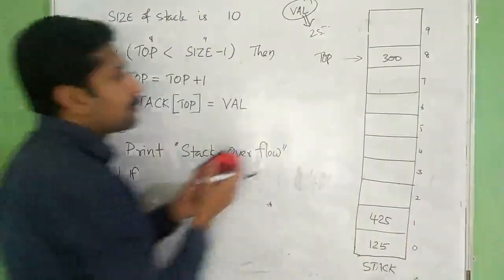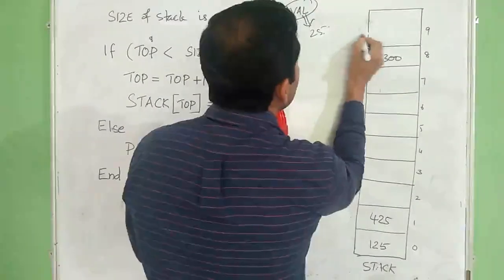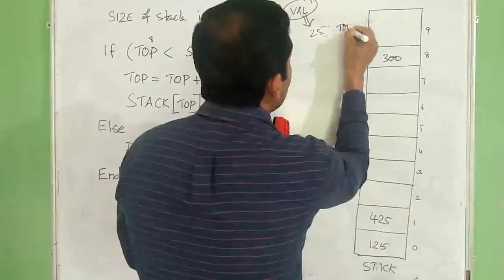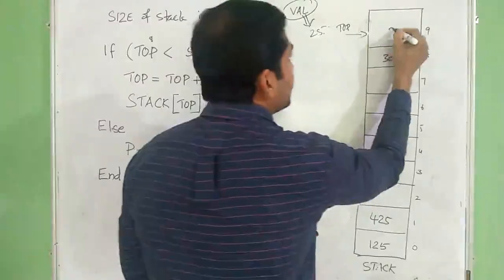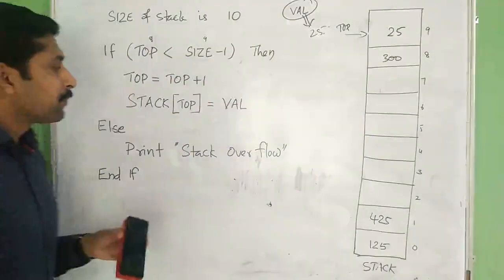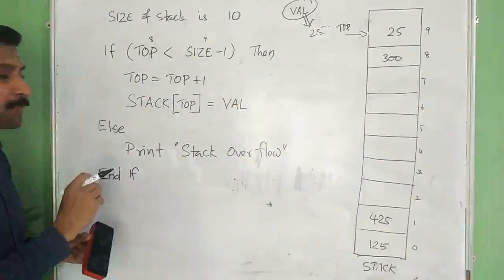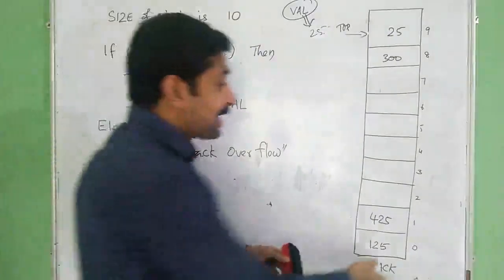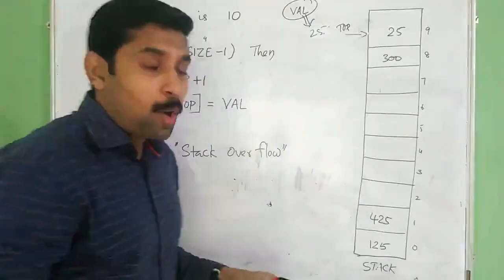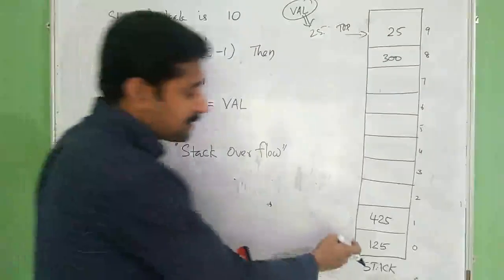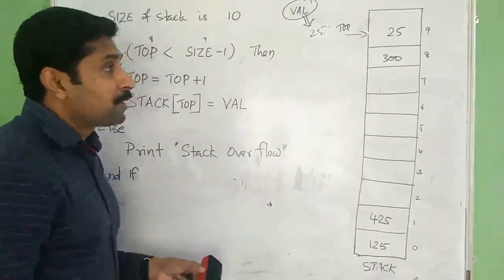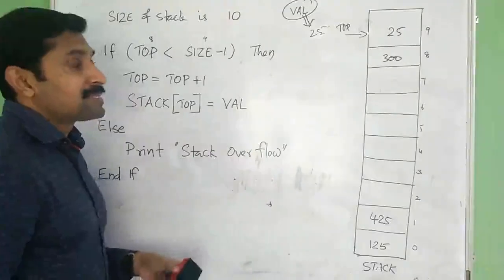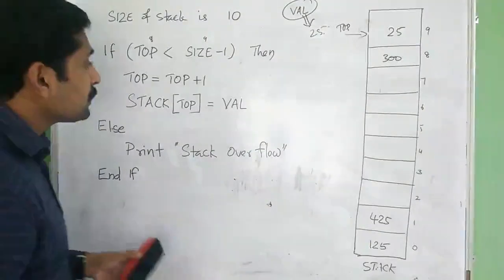Top equal to top plus 1, and this is top now. Stack of top equal to value, so value is 25. This will end here. Now the stack is full. The stack has the capacity of a maximum of 10 items.